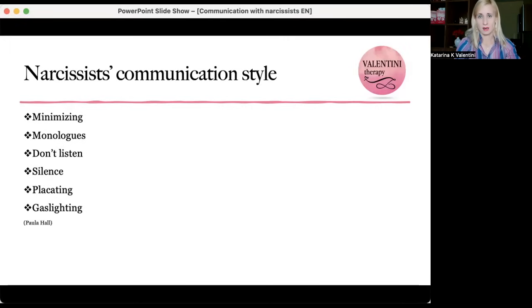And when they are in their monologue mode, they don't see anyone else, they don't hear anyone else, they don't pay attention nor notice anyone else. They often don't listen. We've enumerated several possibilities as to why that happens. They might be distracted, they might be tired, they might not care at all, they might just not be interested in what we're saying. Silence.